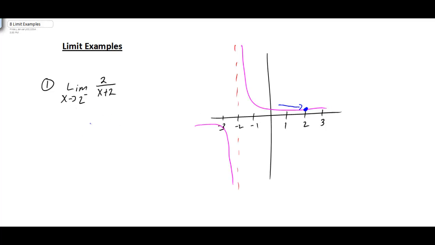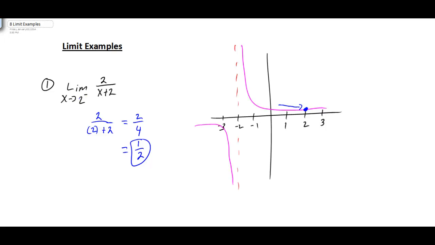So we could actually use direct substitution and get 2 over 2 plus 2, which would be 2 over 4, which equals 1/2. So therefore, the limit here is 1/2. So again, we're approaching positive 2 from the left-hand side.